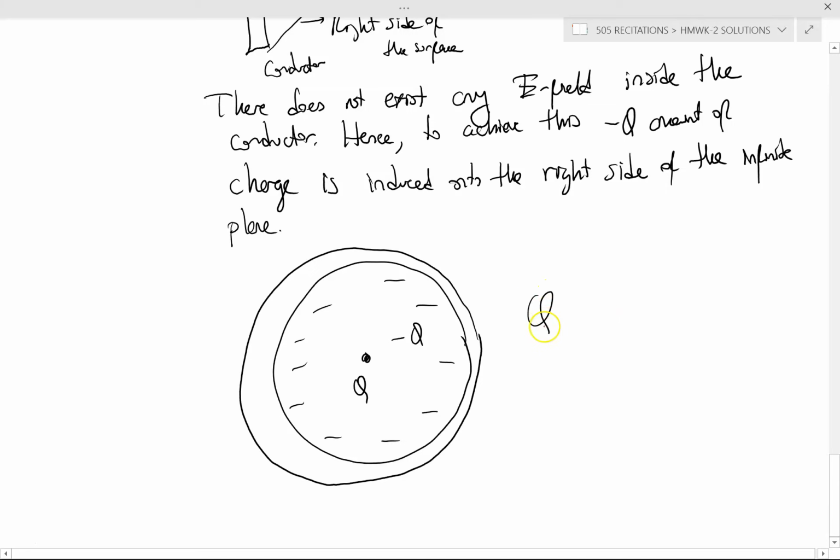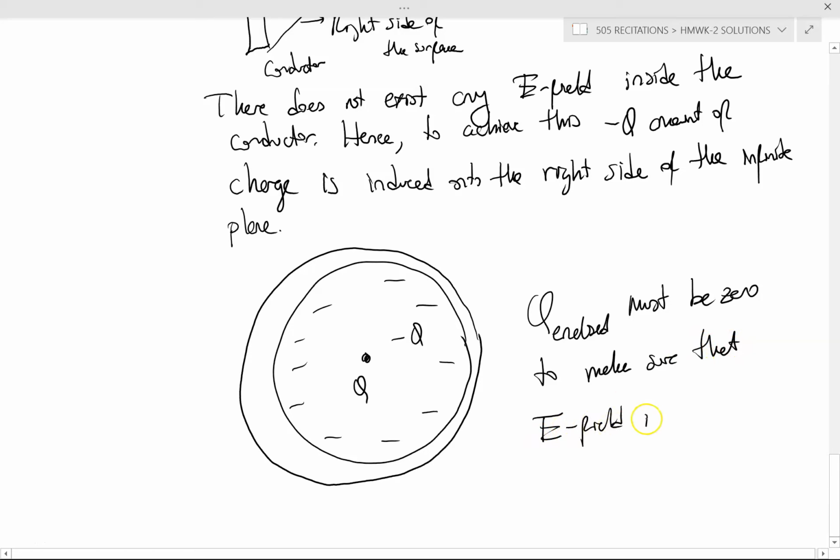Q enclosed must be 0 to make sure that E field inside the hollow conductor is 0.